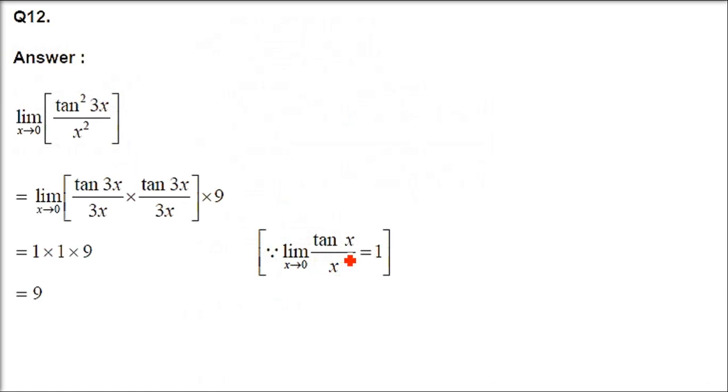This is question number 12. So you have tan square 3x by x square. So when we have this, you can just write tan square 3x as tan 3x into tan 3x. And for x square, you can write x into x.